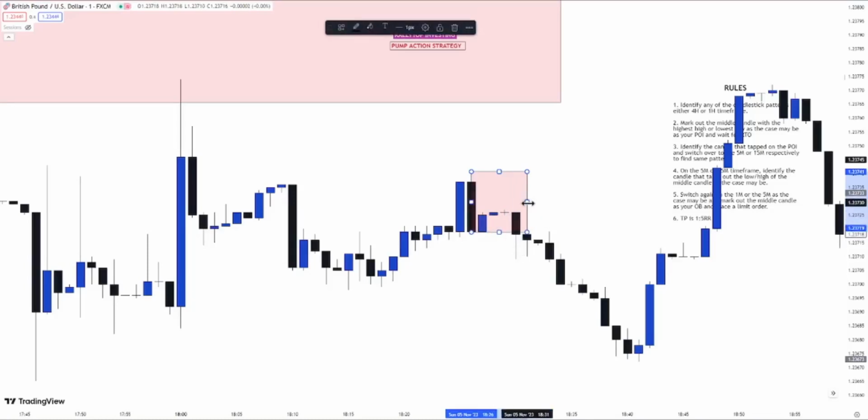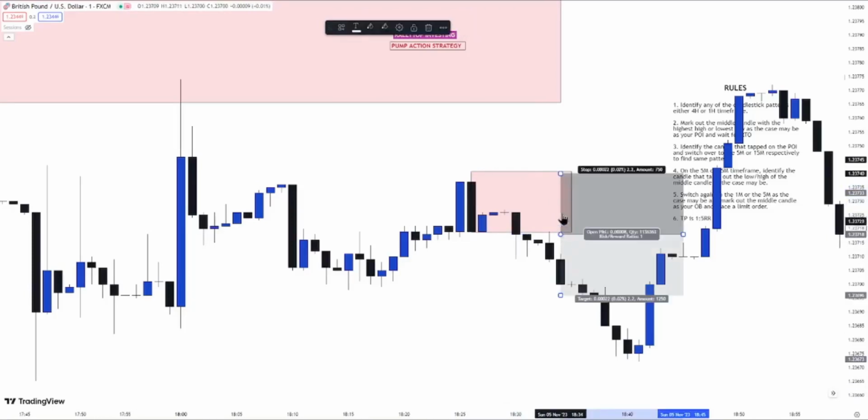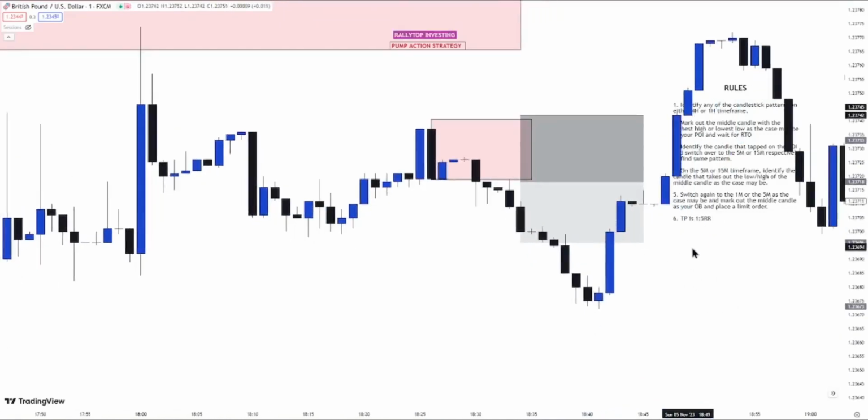And therefore, we place a trade here. We place a sell trade, a limit order here. Can you see that? And we want to target 1 to 5. It's as simple. Give a buffer. In a case like this, you can have 50% of this as your stop loss, 50% of your POI.